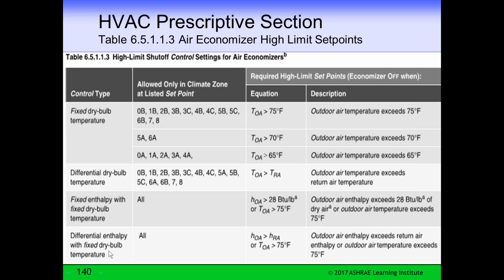Any kind of enthalpy control, unless it's very expensive, will tend to be one of your big maintenance items and may not be reading correctly. This is a good reason we added the fixed dry bulb to it, so at least if it wasn't reading correctly, it would not cost so much energy.